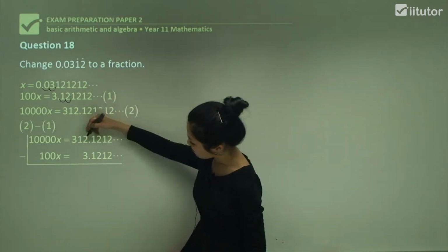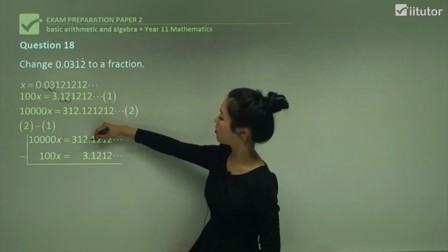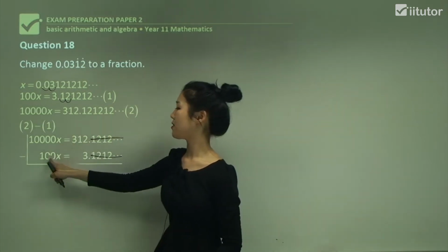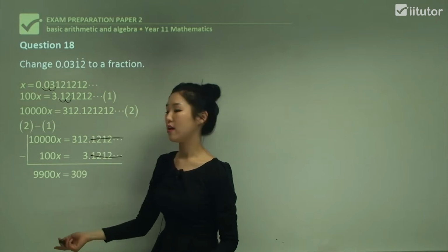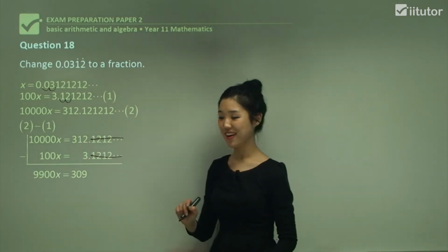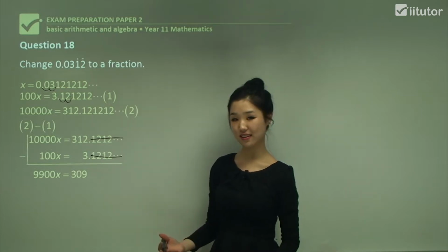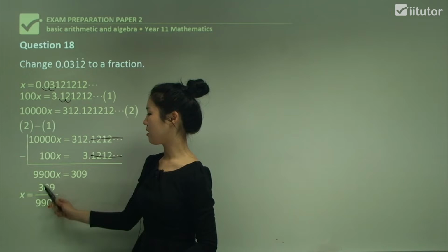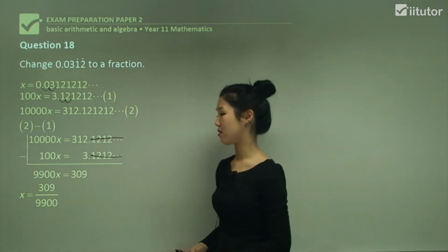I know that after the decimal point it's exactly the same, so that will all cancel out. So that minus that is 9,900x, and 312 minus 3 is 309. Now it's very neat and clean, so I can find that x is 309 divided by 9,900.